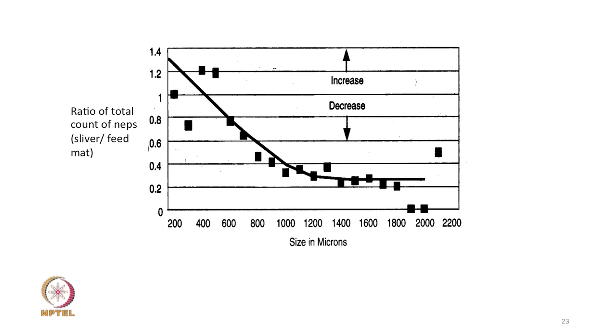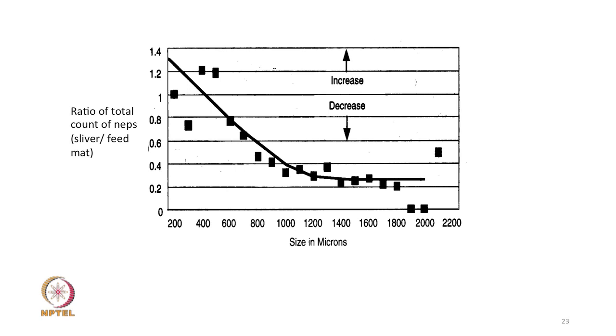As the size of the naps increases, there is a decrease with respect to feed. So, what we feed to the machine and what we see in the card sliver, there is a reduction, and this ratio of reduction is shown here by this particular plot. It basically means from here that bigger size naps are reduced to a very large extent, but there is an increase in small size naps.